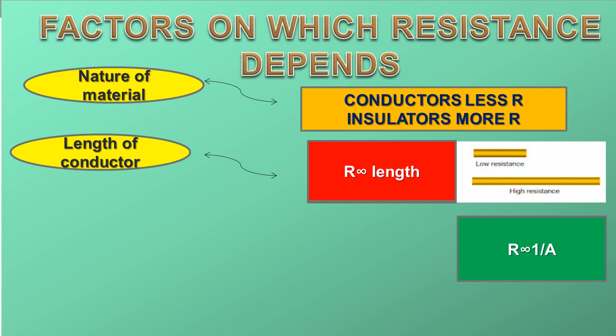Similarly, if the length of conductor is more, then there will be more resistance and it's difficult for free electrons to move continuously. So with more length, the value of resistance is more, and for short length the value of resistance is less. The third factor on which resistance depends is the area of cross section.